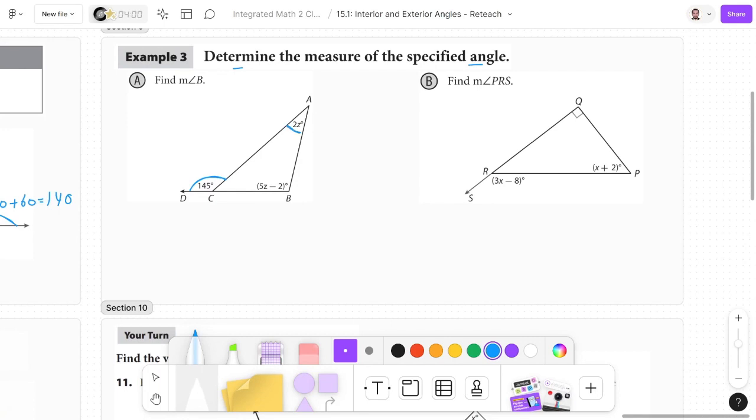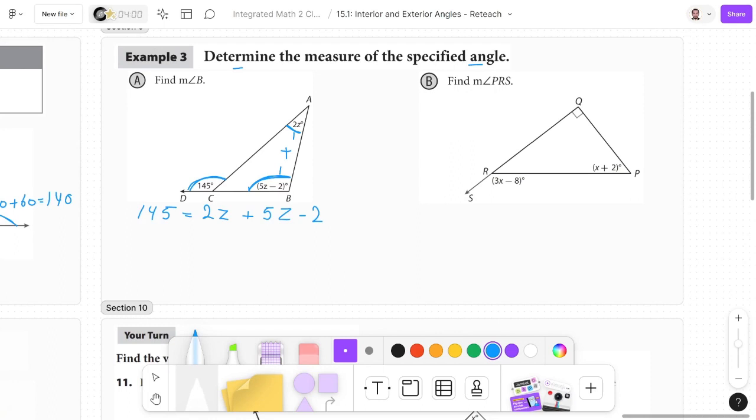It's the opposite one here, and the opposite one here. So 140 is equal to 2z plus 5z minus 2, because this angle is equal to the summation of this one and this one.